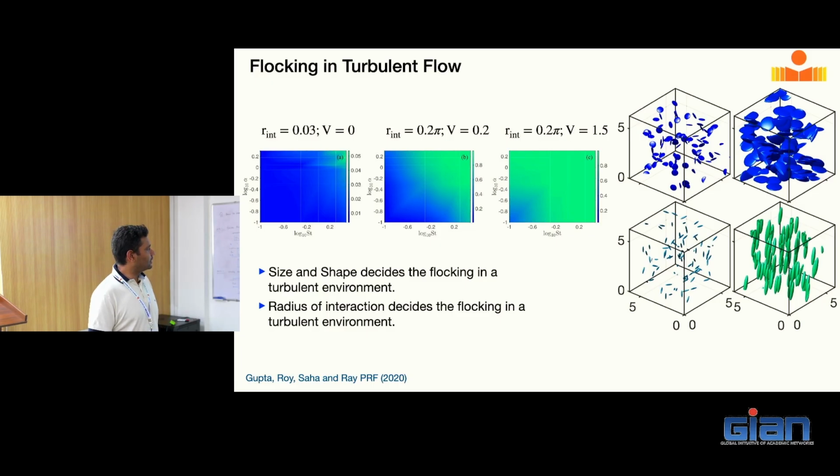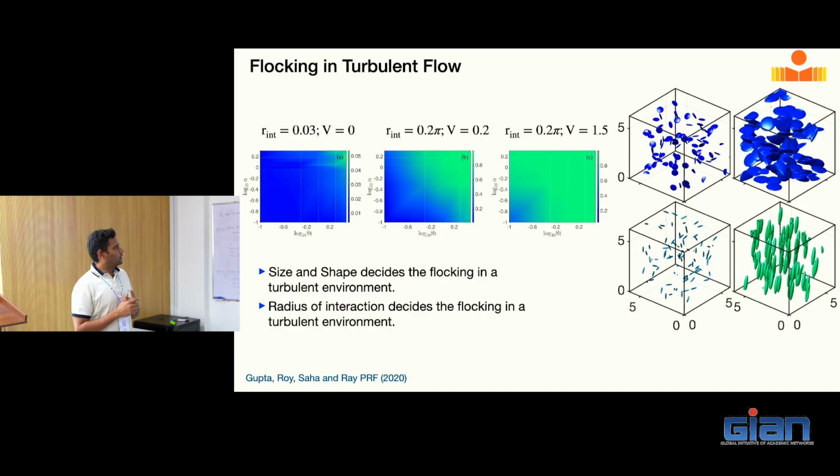Now what one needs to understand is how Stokes number and non-sphericity, or elongation, affect your dynamics. When you are elongated, it is easier to align with the largest eigenvalue of the strain rate tensor.